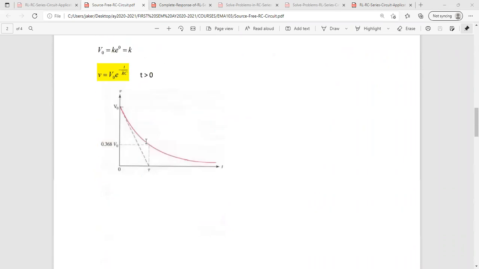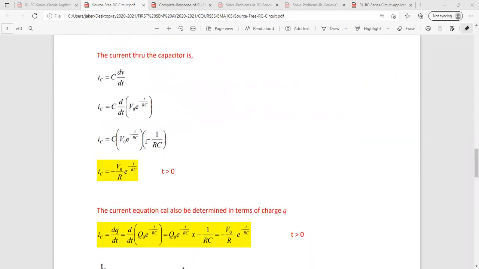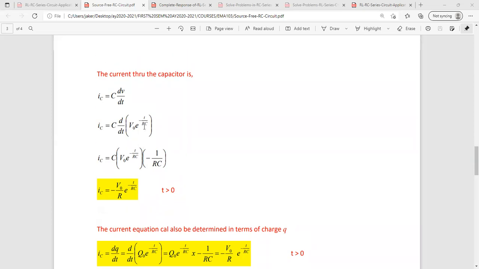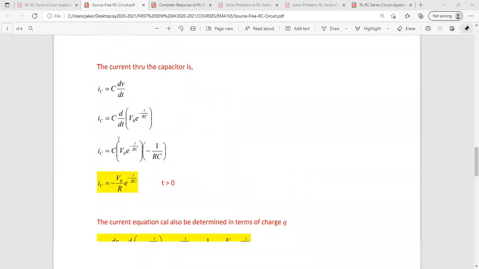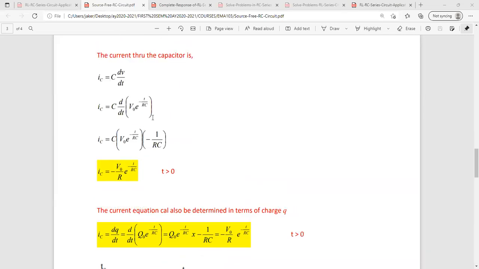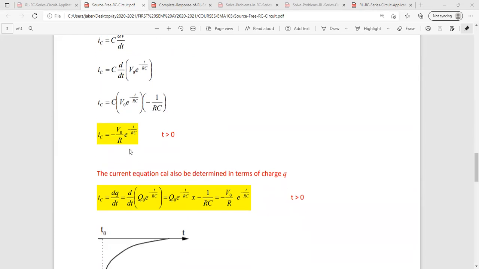Okay? So if you use that particular expression, you have C dV/dt, and this V will be replaced by V sub O, e raised to negative t over RC, from the formula we have here. It is substituted there, and then the rest is your differentiation process, which yields this one, and you have this.